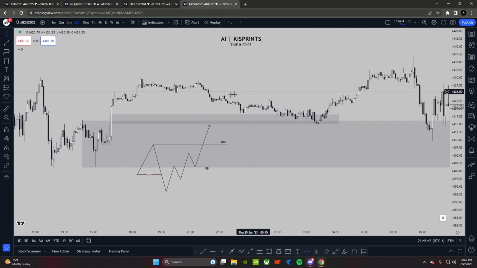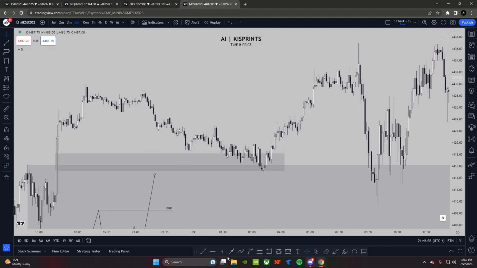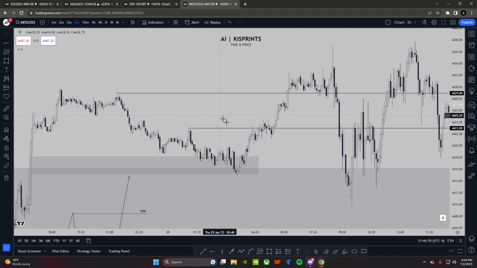And you would take entry where they both line up, which would be right there. That would be your entry, and you can target your low-hanging fruit, which would be here, or you could go here. And on the 5-minute chart, that's a nice 7 points, or a nice 13 points.